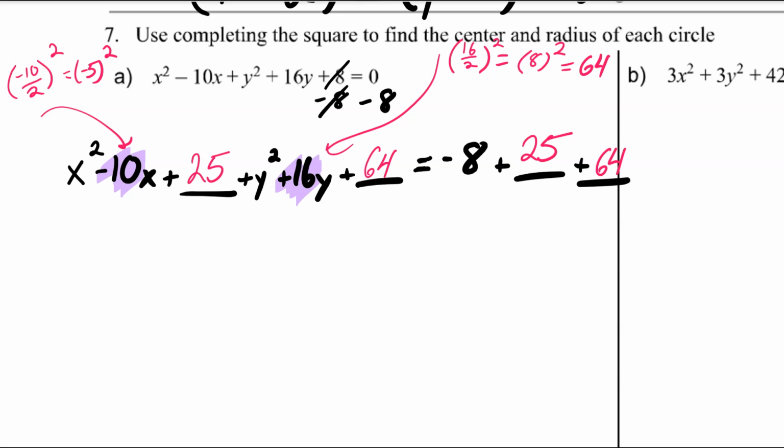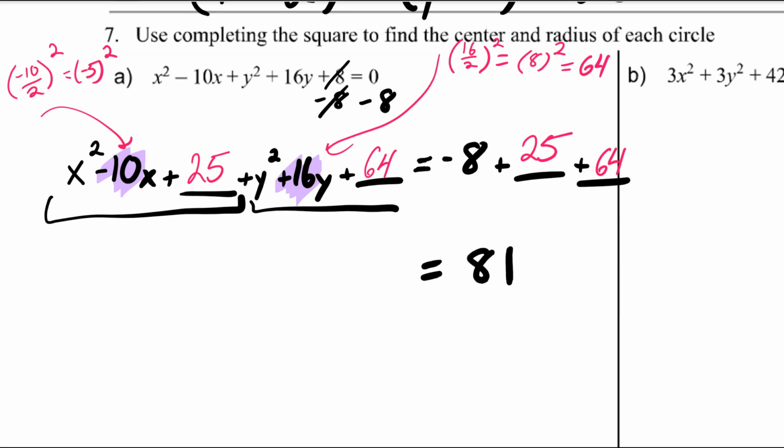So at this point, my right-hand side simplifies pretty nicely. If I add -8, 25, and 64, I just get 81. And the whole reason we completed the square and did this process is because it makes these trinomials nice and factorable.